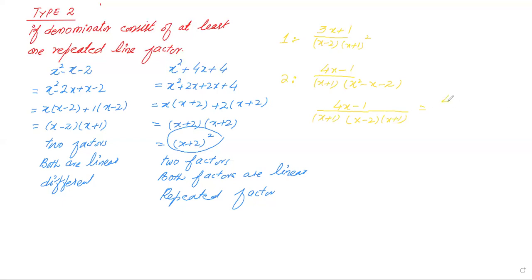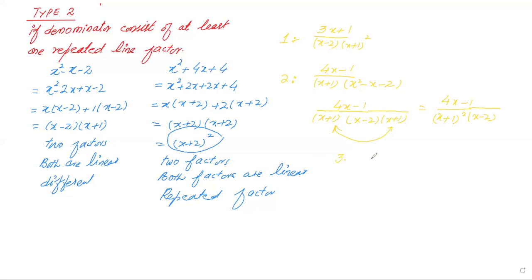So I can write this as 4x minus 1 divided by x plus 1 whole square into x minus 2. So remember that whenever the whole square is given, that is called the repeated factor.